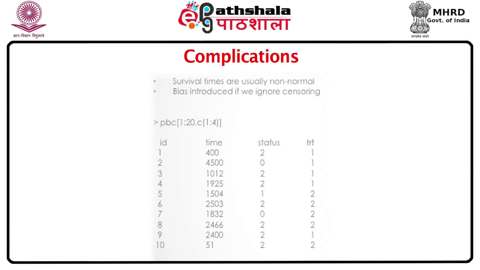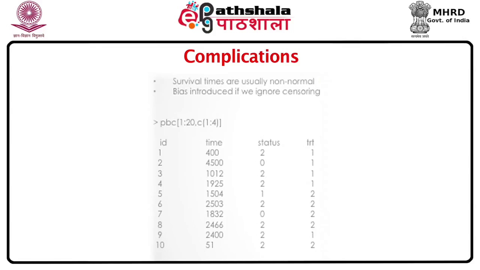So the time for someone who has experienced the event is the time to event. For someone who is censored due to loss of follow-up or for study termination, it is this last known value of the time at which the event was yet to occur. Now you can get some feel from this data set that bias will be introduced if we ignore censoring.